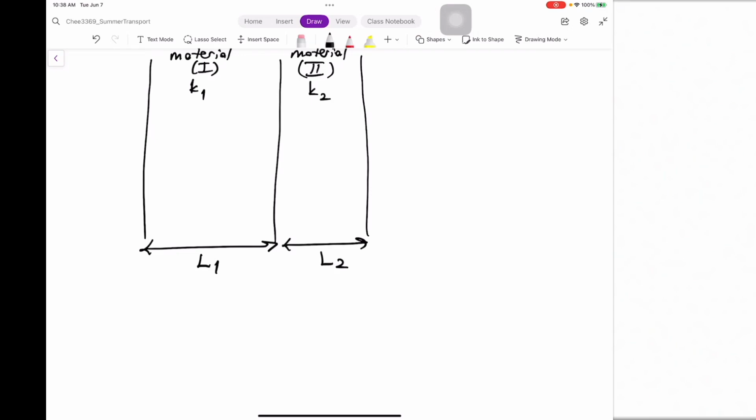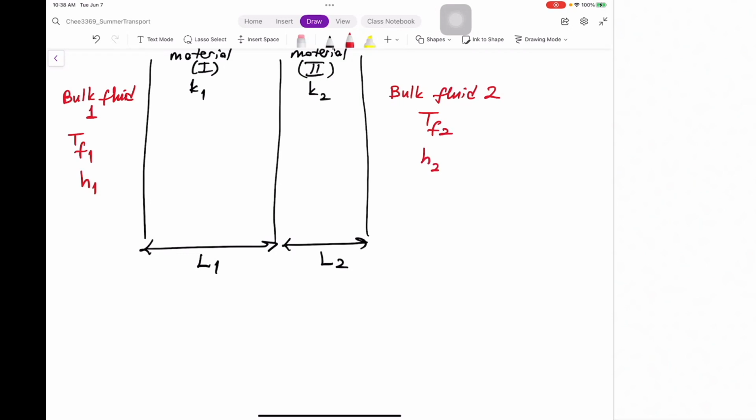And you have bulk fluid here, bulk fluid 1. The temperature is TF1, and the heat transfer coefficient of this fluid is H1. And on the right-hand side, it's in contact with another fluid, bulk fluid 2. The temperature is TF2, and the heat transfer coefficient is H2.